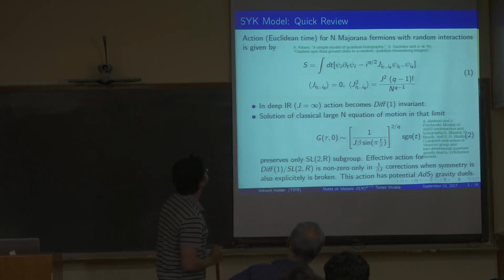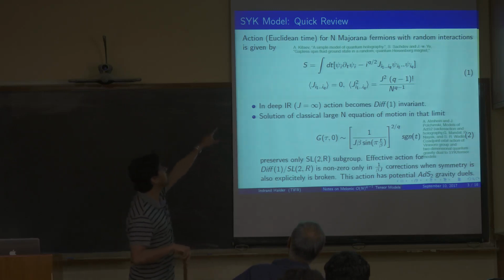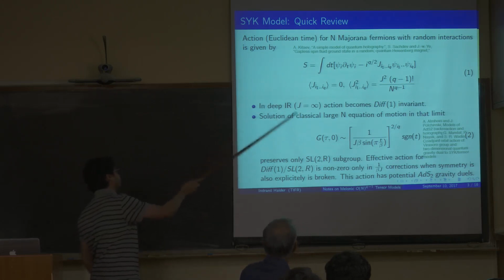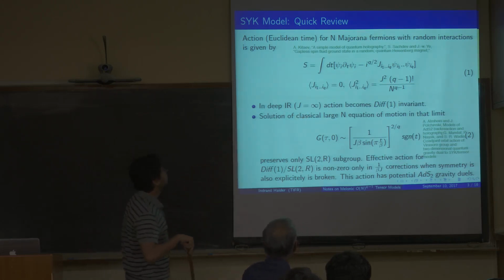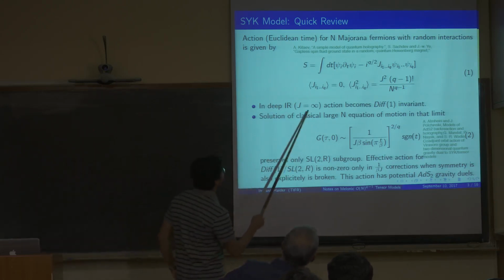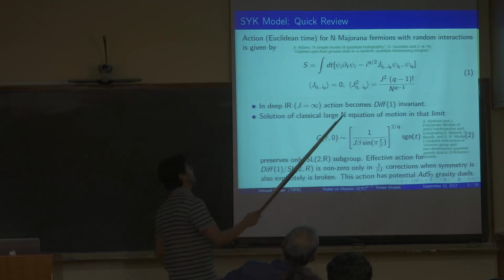So you can rewrite this action through disorder average, and you can write it so that it is suitable for large N calculations. And that action, if we go into the deep IR, which is in this case the J going to infinity limit, we will see that if we just ignore the kinetic term, which is irrelevant in this limit, then that action has some diffeomorphism invariance.